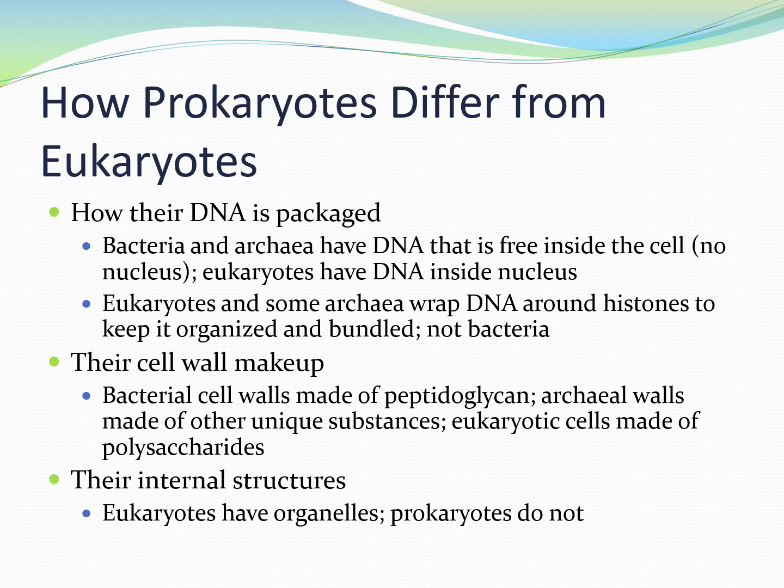When it comes to the difference of prokaryotes versus eukaryotes, there are some pretty big differences, but I want you to know these three. The first is how DNA is packaged in both types of cells. In prokaryotic cells, the DNA is going to be free inside of the cell, meaning that there is no nucleus that is going to contain that DNA.